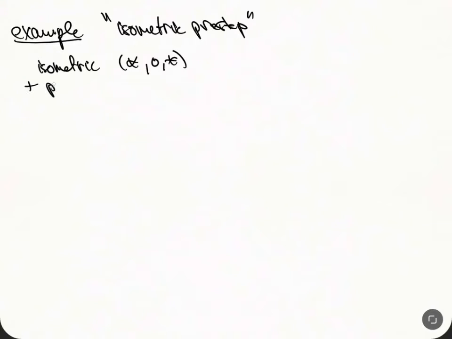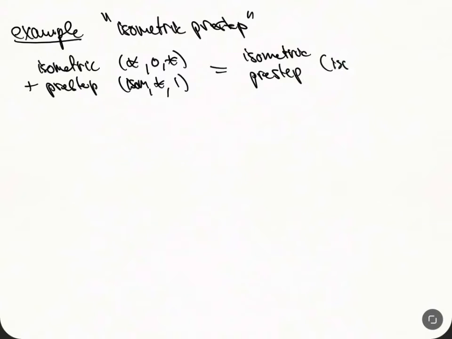And then the pre-step says what? So a pre-step says that this is an isomorphism, this is whatever, and this one needs to be degree 1. Okay, so it's linear. Okay, so if we put these two together, we get an isometric pre-step, which is the condition like so.